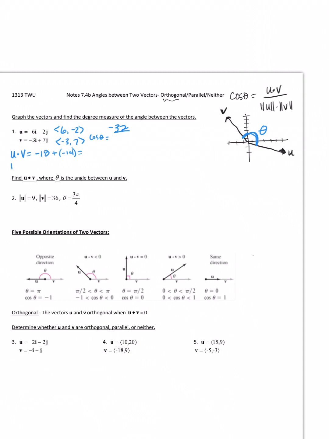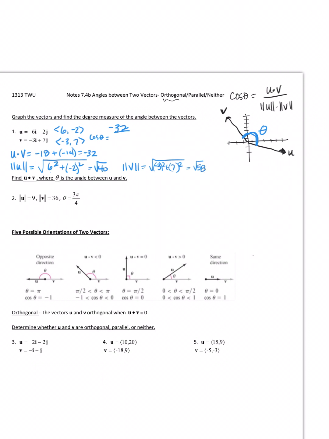So let's look at what the magnitude of u is going to be. 6 squared plus -2 squared, 36 plus 4, is the square root of 40. And the magnitude of v is going to be -3 squared plus 7 squared. So that's 9 plus 49, that's the square root of 58.